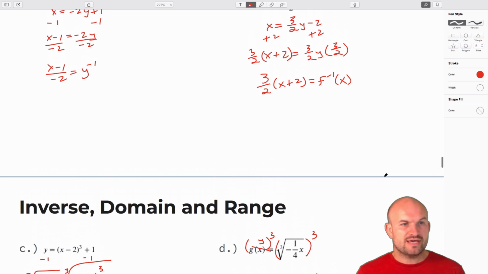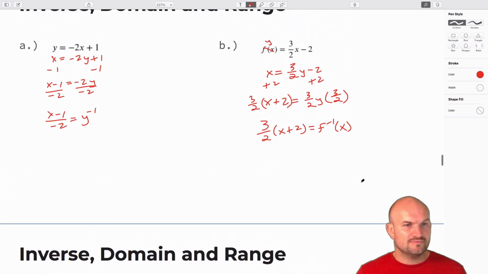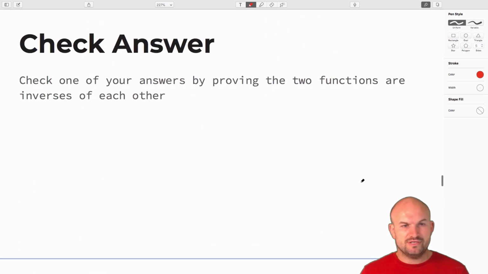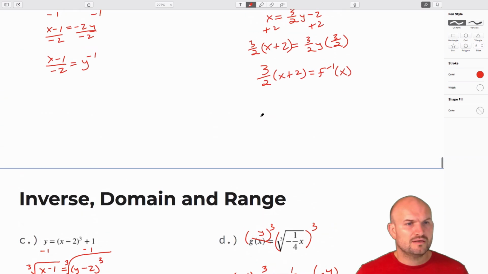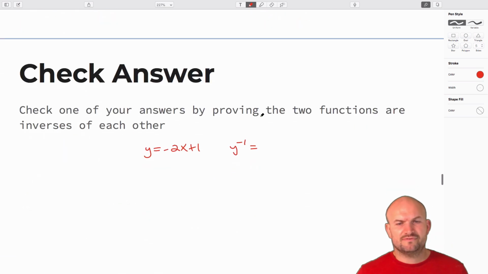So the problem I worked with them was this first example, y equals -2x plus 1. So y is equal to -2x plus 1. And then the inverse function, which we solved to be x minus 1 divided by -2.